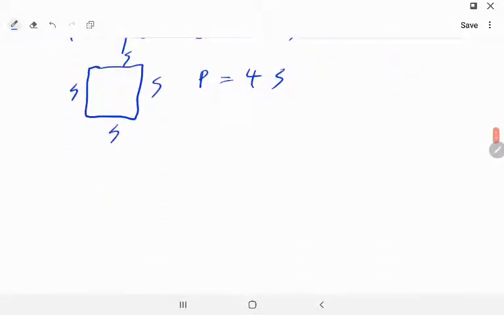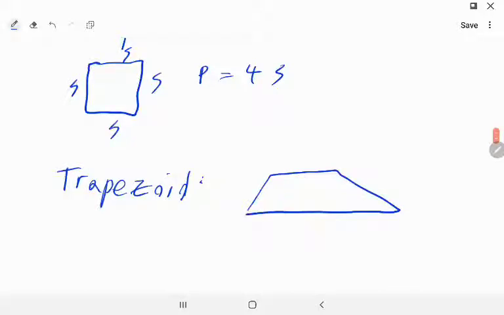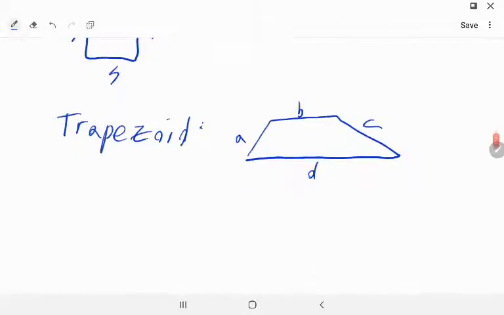Then we have trapezoids, which are a little trickier. In general, with a trapezoid, we don't really have anything nice. We're just going to notice that we could call those sides A, B, C, D, and so that's pretty much the equivalent of any quadrilateral.